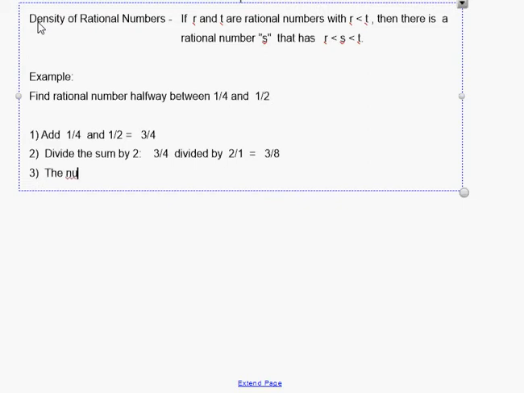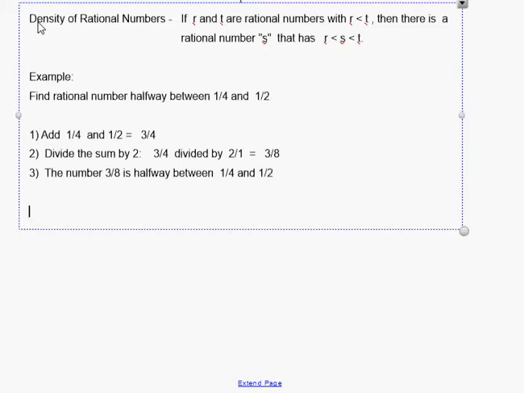The number 3/8 is halfway between 1/4 and 1/2. So by dividing by 2, we get halfway between the two numbers.